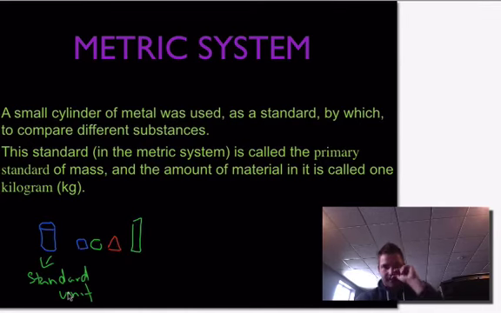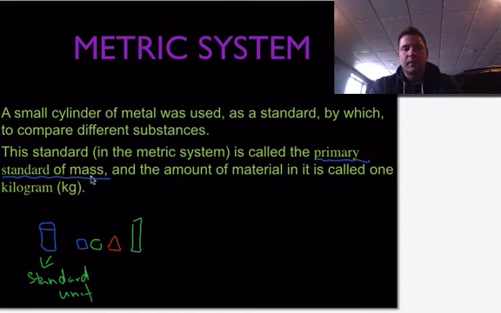Okay, so now they were comparing. So this standard unit in the metric system, they started to call this the primary standard of mass. Okay, so I'll just underline that right here for you, the primary standard of mass. And they said that the amount of material in it, in this primary standard of mass, was 1 kilogram. So I'm just going to write that here for you.